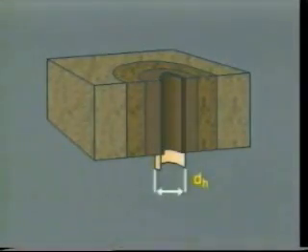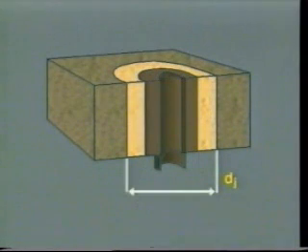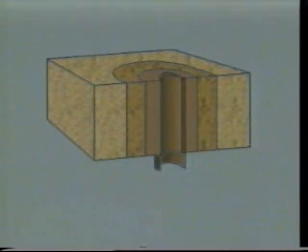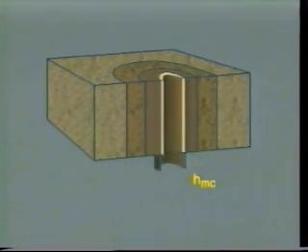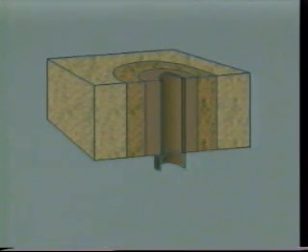For example, the diameter of the hole is designated D sub H. The diameter of the invaded or flushed zone is D sub I. And the diameter of the transition zone is D sub J. Thicknesses also receive symbols, such as the mud cake, H sub MC, and the bed being logged, H. If we use the same downhole setting and look only at fluid saturation, we'll see that another set of symbols is needed.